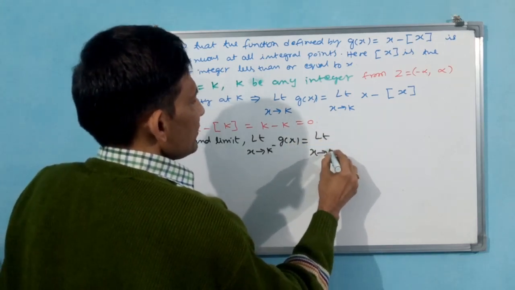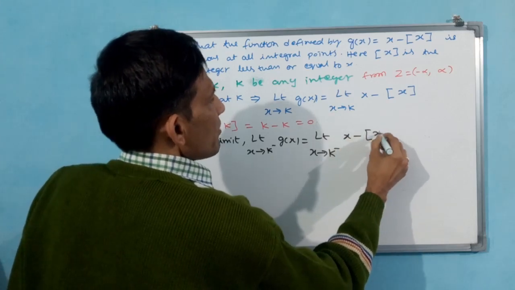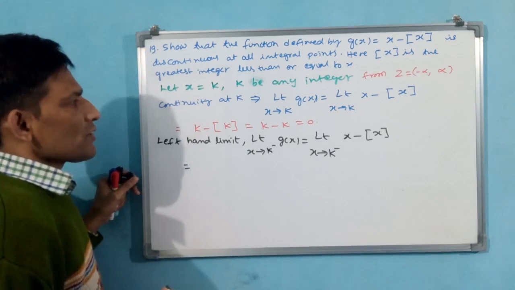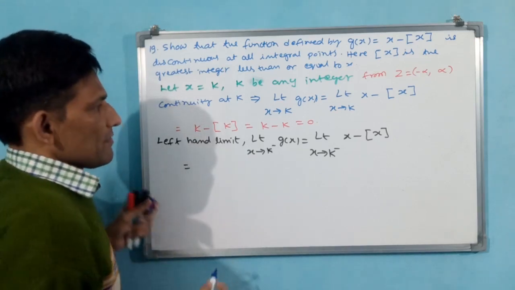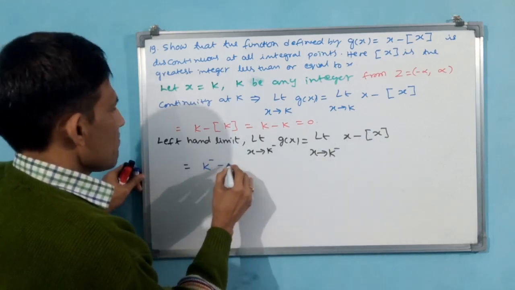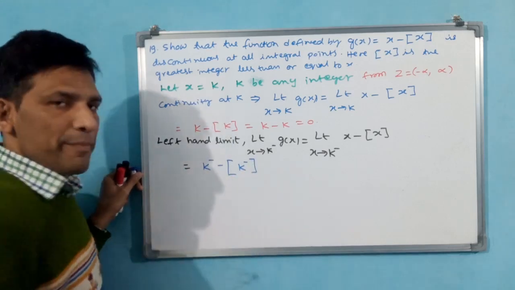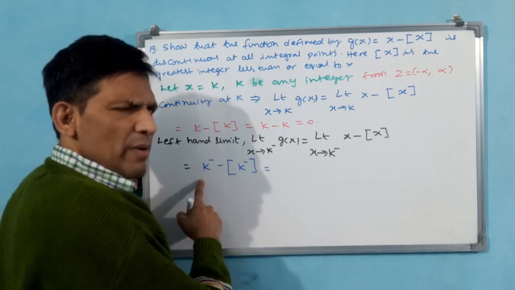is equal to limit x tends to k minus of x minus bracket x. Now you tell me what you are going to substitute. K minus. Is it okay? Definitely okay. Now you tell me k minus approximately.